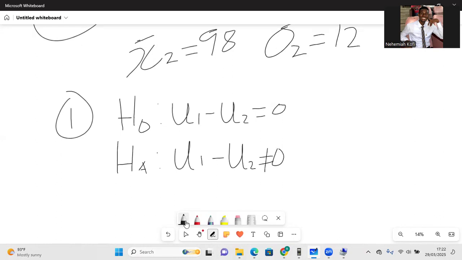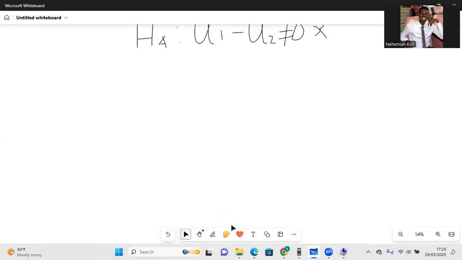This is going to be the null and alternative hypothesis. So here is saying there is no difference, and here is saying there is a difference. I'm sure that on the previous question I said something different concerning the conclusion in class yesterday, but I think I've corrected it. All right, so this is the null hypothesis.